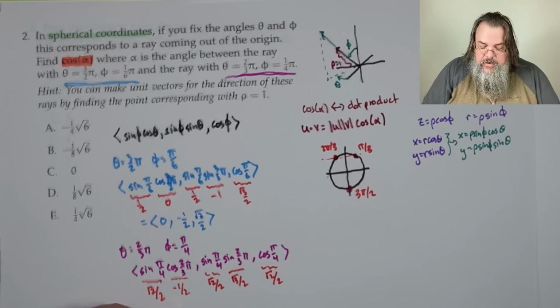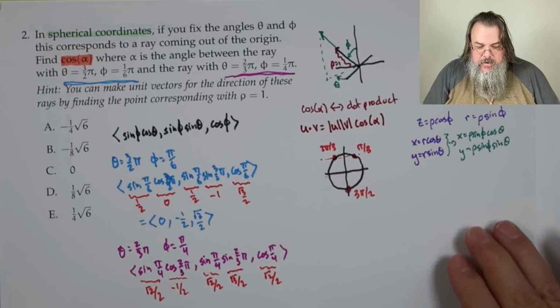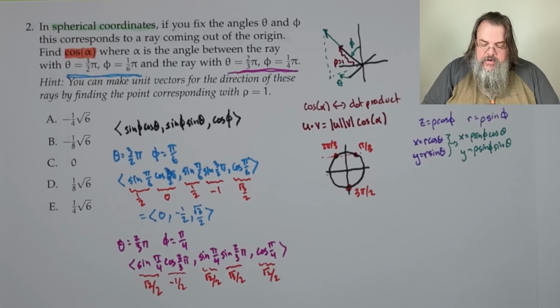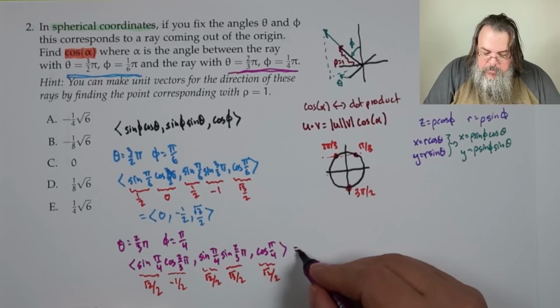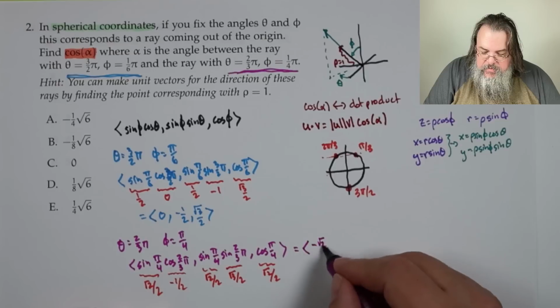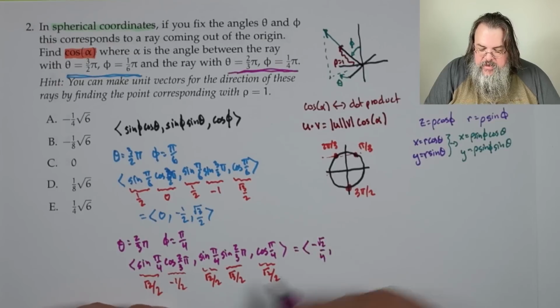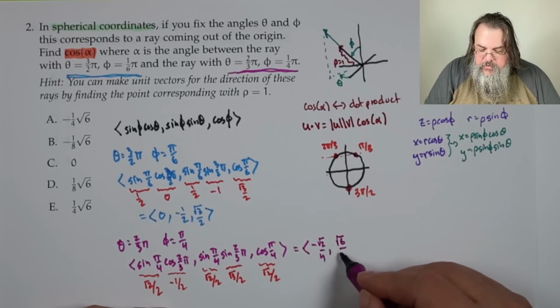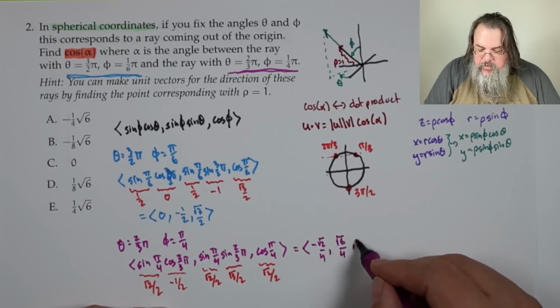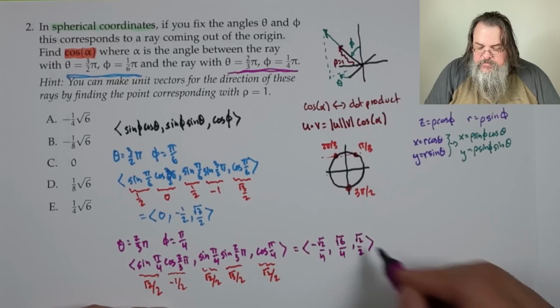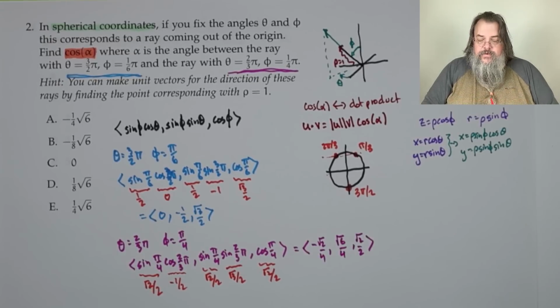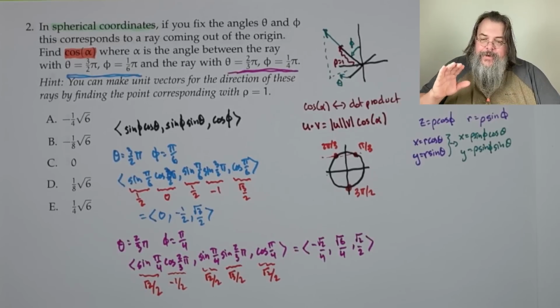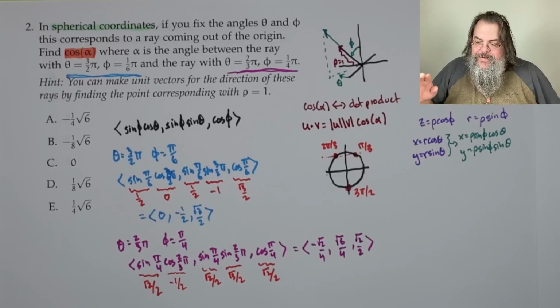Okay, so what does that give us? Well, if we put this together, we get minus square root of 2 over 4, comma, square root of 6 over 4, comma, square root of 2 over 2. All right, so we're almost there, right? I know you're like, are we? We've been doing this a while.